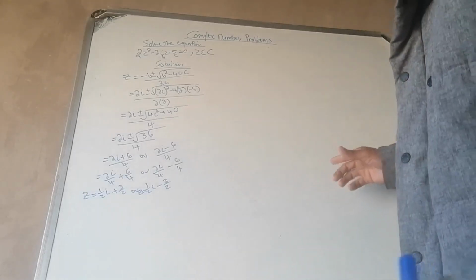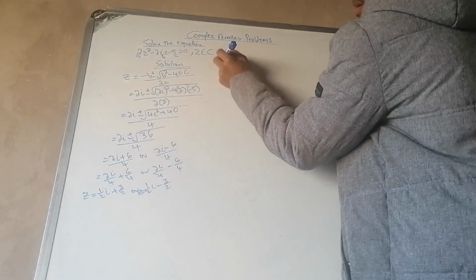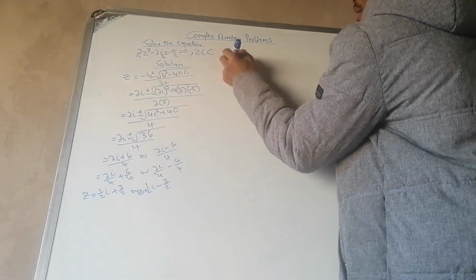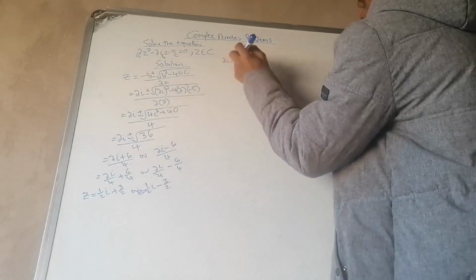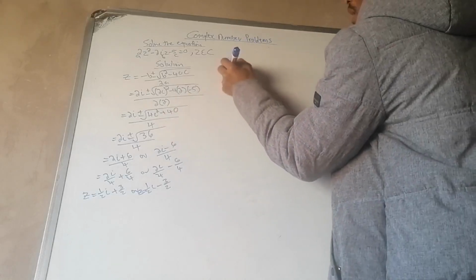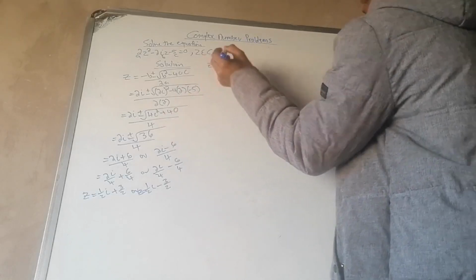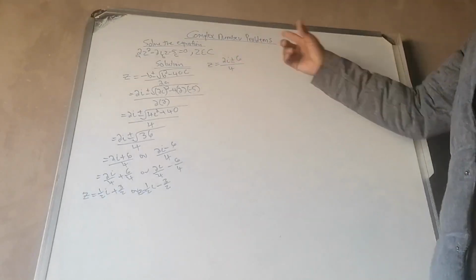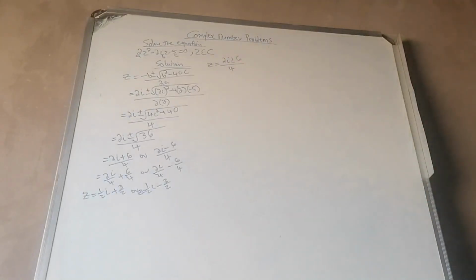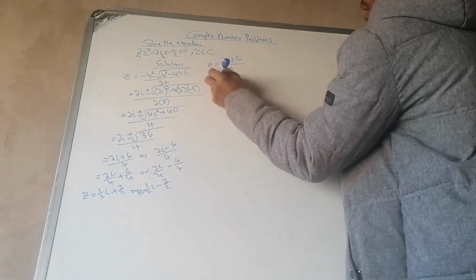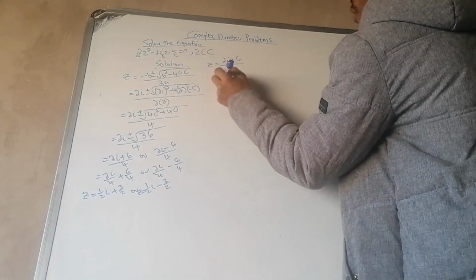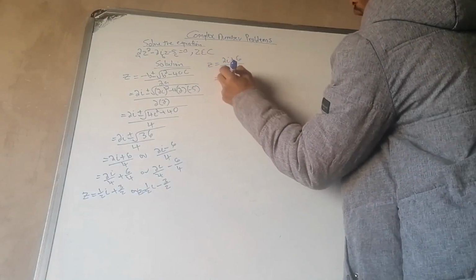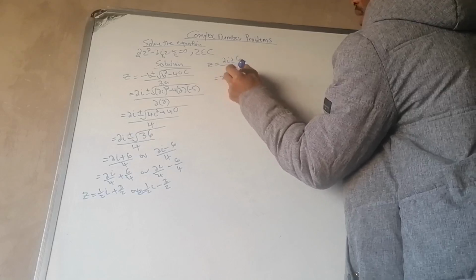We can just say 2i plus or minus the square root of 36, which is 6, all over 4 as the value of z. And this is a complex number. You can just leave it there if you want, and nobody is going to do you anything, because in here, you can take out a common factor of 2 and have your i plus or minus 3.